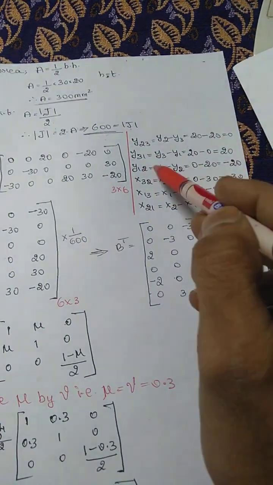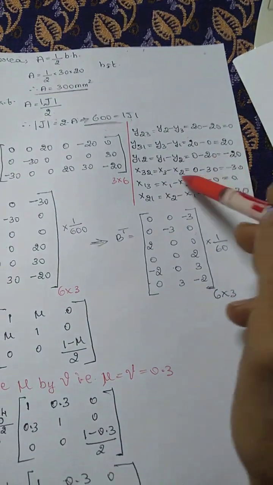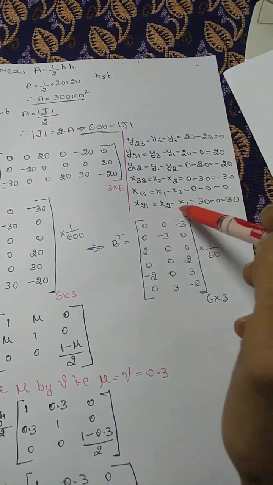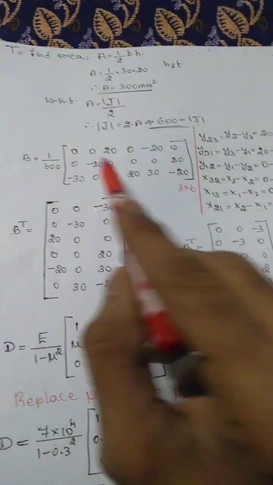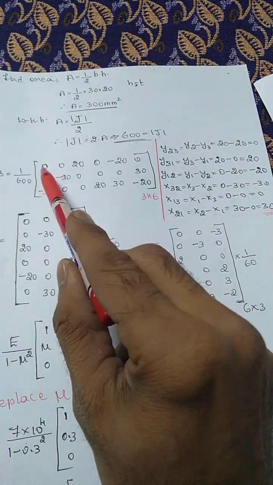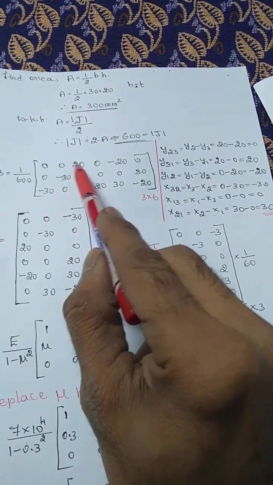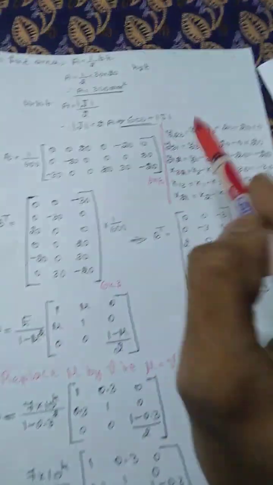Similarly y3 minus y1, y12 is y1 minus y2. All these you have to substitute and you get this answer. So in place of y23 it is 0, here 0, here 20, and 0 minus 20.